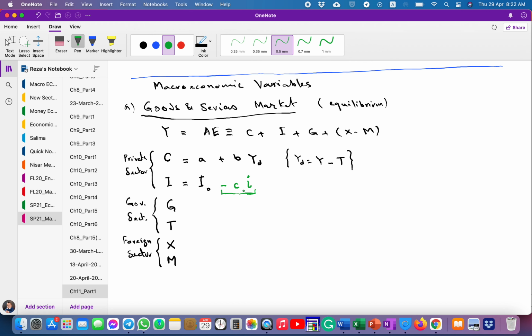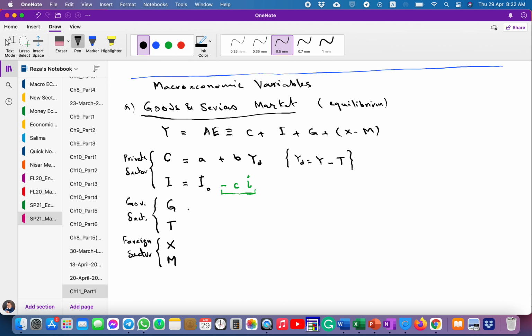We assume that there's no change in this part, and this is fixed, so we have only the autonomous investment in basic Keynesian model.